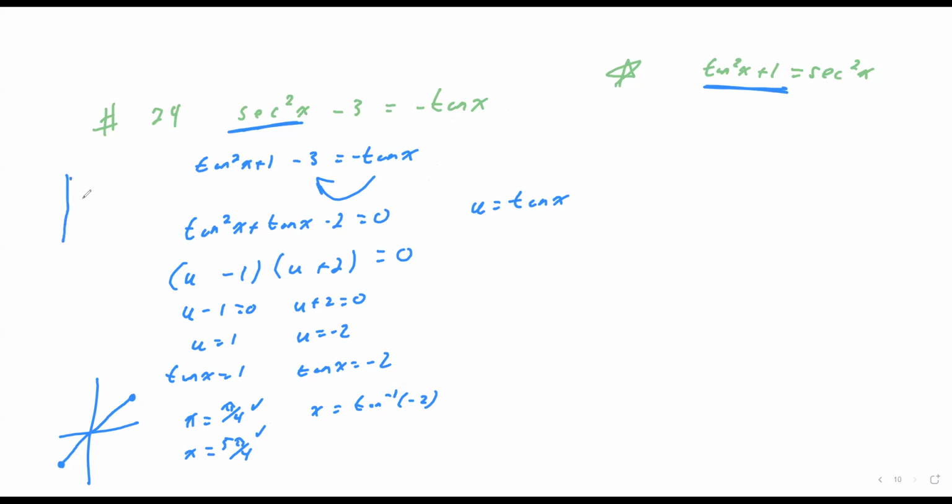So we'll just test that theory to make sure it's okay. We'll call it alpha for right now. So this would be 2 and 1. For tangent to be negative, it has to be in the second or fourth quadrant.